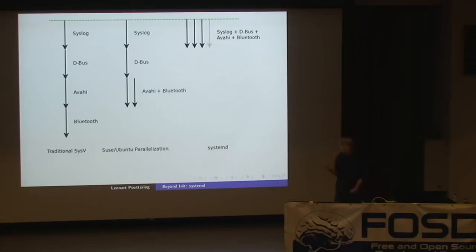And then they came to a solution, and the solution they came to is that they pulled the actual socket binding out of the daemons, do it in one big step in the init system itself, and then they just pass these sockets, pre-initialized and pre-bound, to the actual services. And that's what they did with syslog. I mean, they don't use dbus actually on macOS, but they have a couple of other services that work like that. And then they pulled the socket binding out of that, did that in launchd.